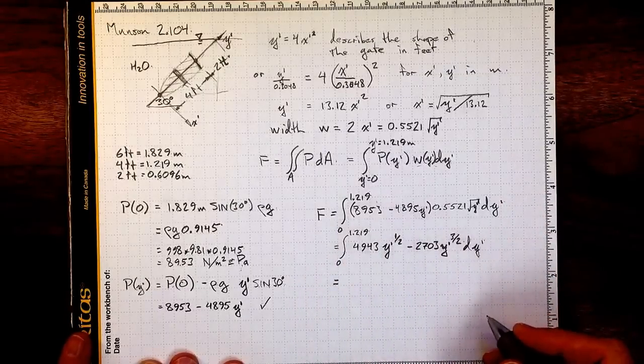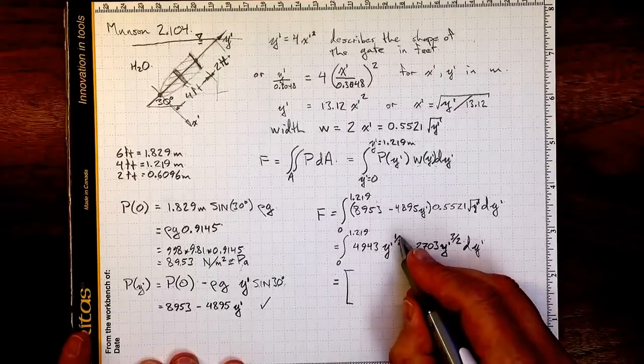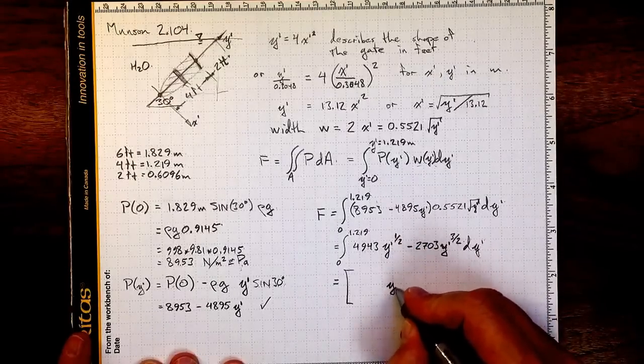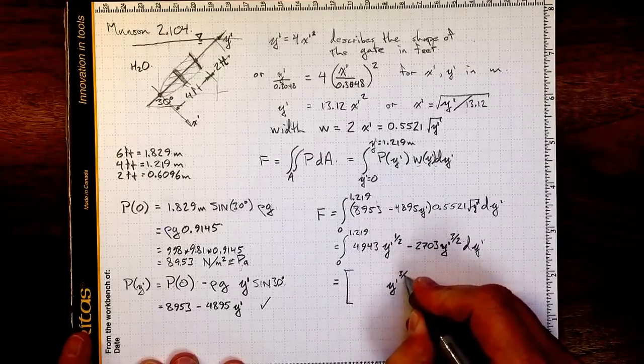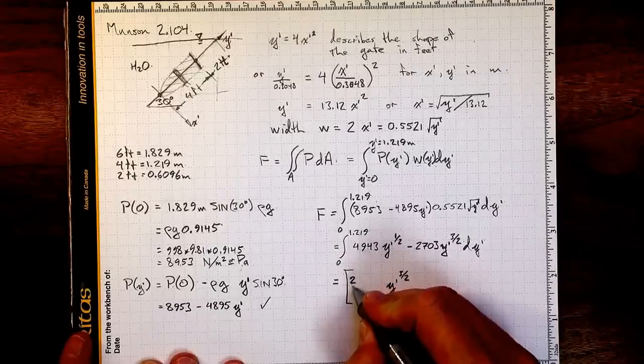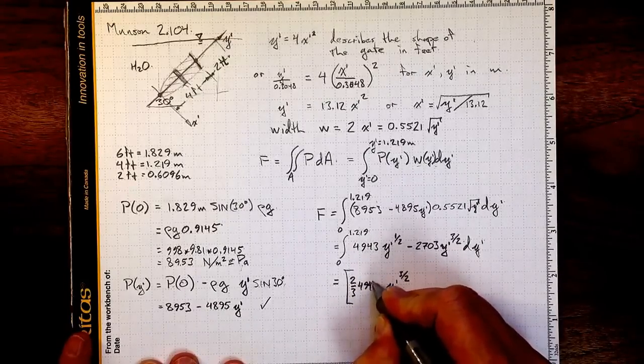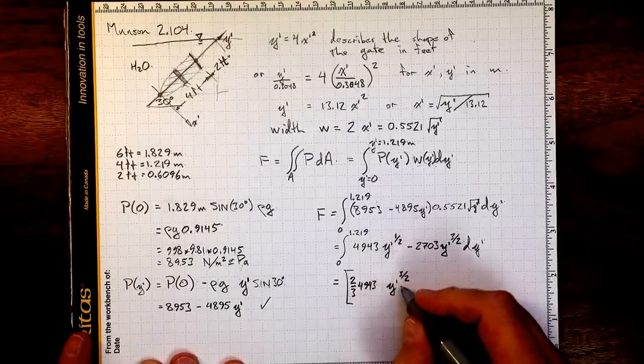Or doing the integration, that'll go up to being y prime to the 3/2, and it'll have to be multiplied by 2/3, 4943 times y prime.